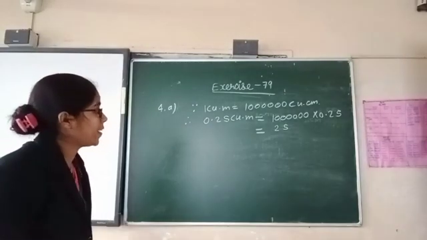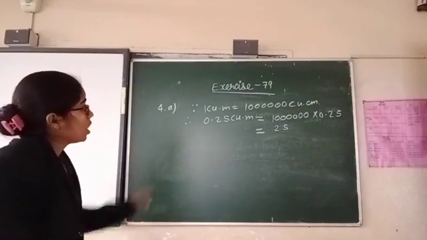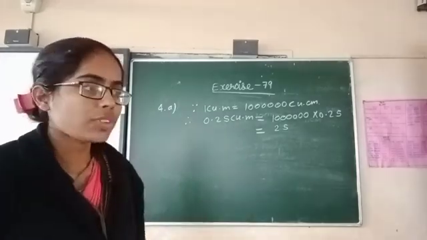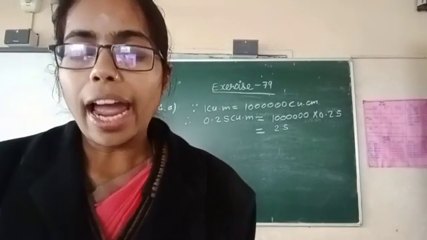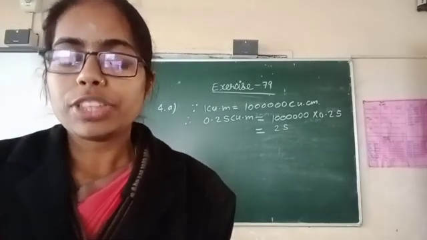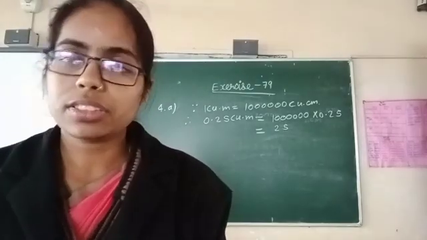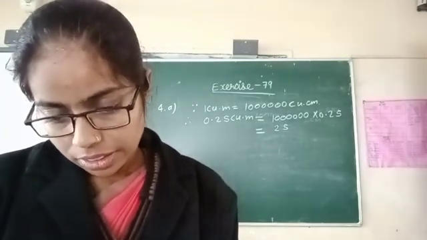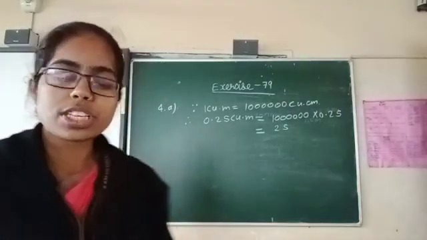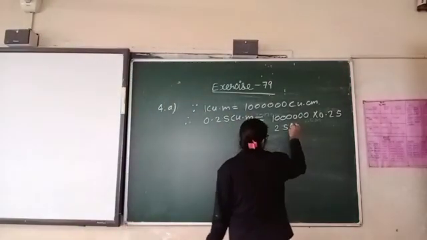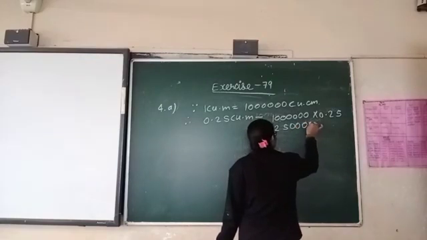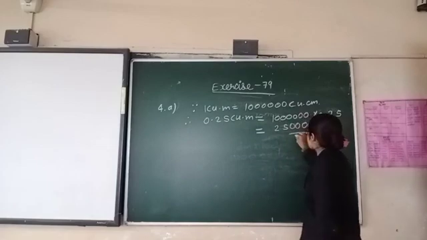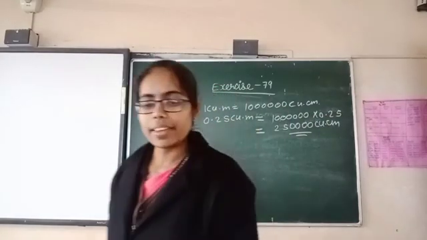Because 6 zeros are there, and after the decimal 2 digits are there. So 25 ones are 25, and from 6, if we subtract 2, what are we going to get? I hope most of you have written the answer. 2 zeros will be removed and we will get 4 zeros. 1, 2, 3, 4, in cubic centimeter. This is the answer for question number 4A.